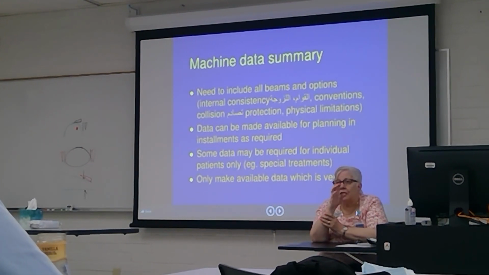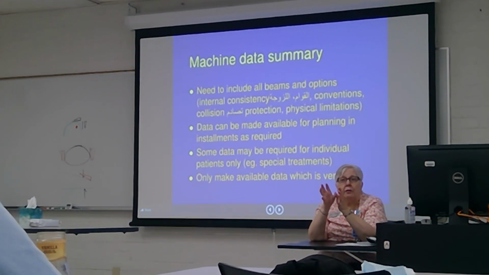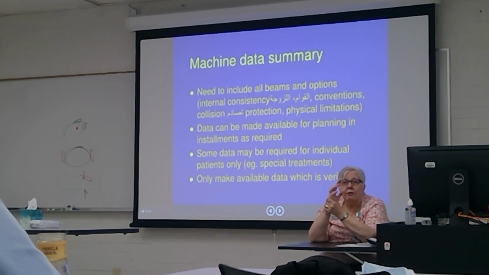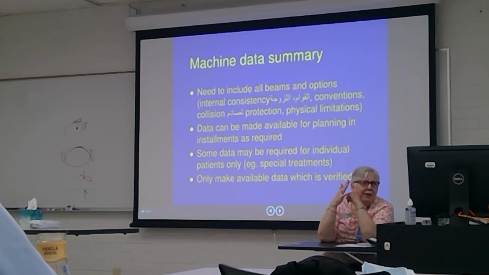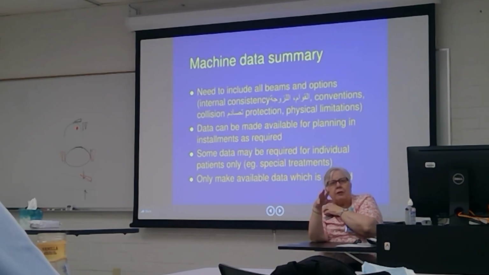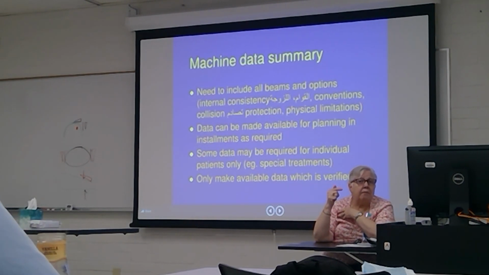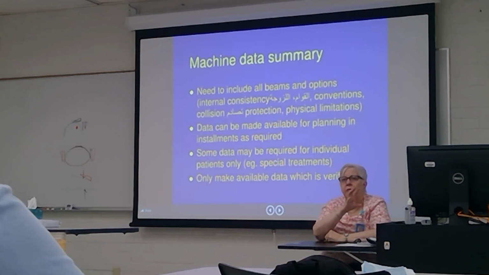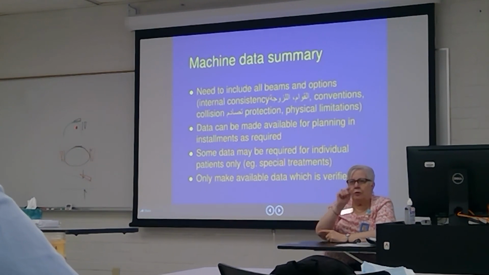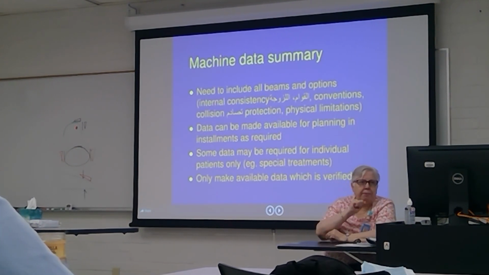So dosimetry has to make sure that there is some kind of barrier from starting part 2 until you finish part 1. That makes sense? Because you don't want to say, oh, we'll just start part 2 now, because you haven't finished part 1. Unless they go in and say, okay, we finished part 1, doctor says cancel, start part 2.